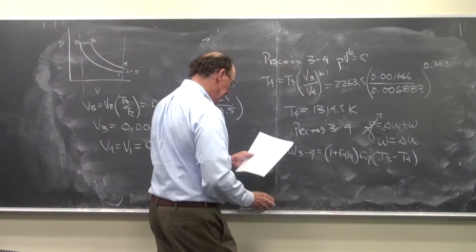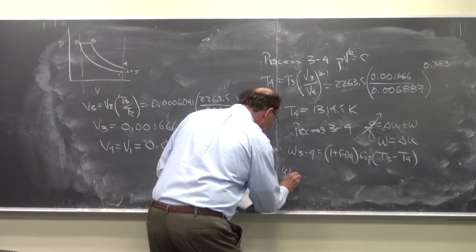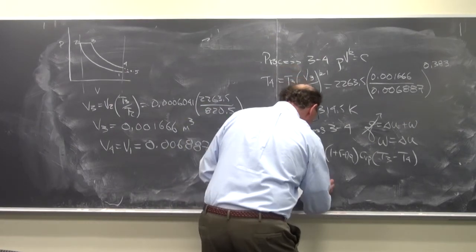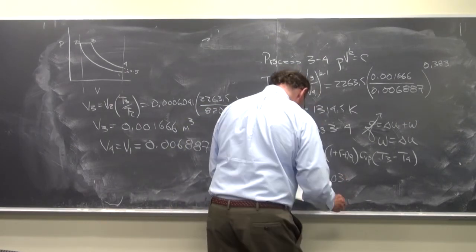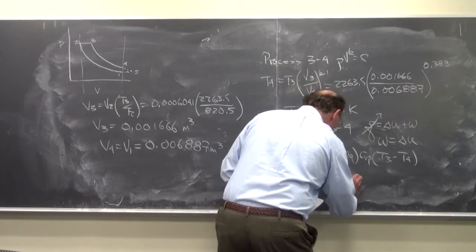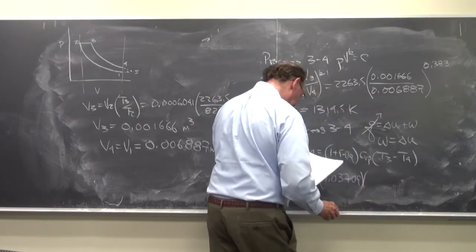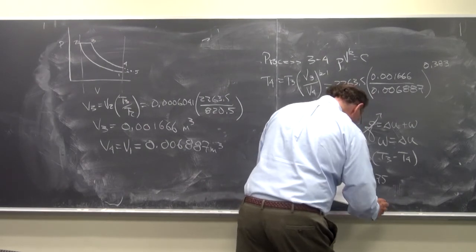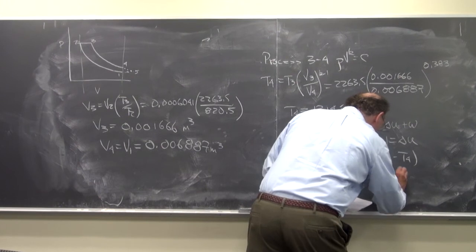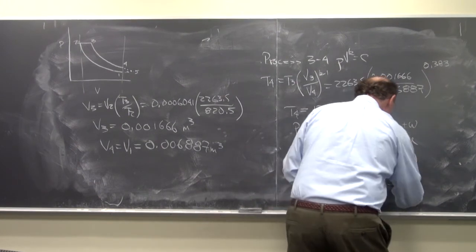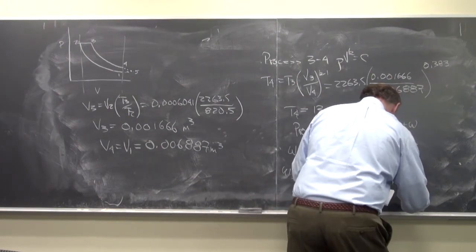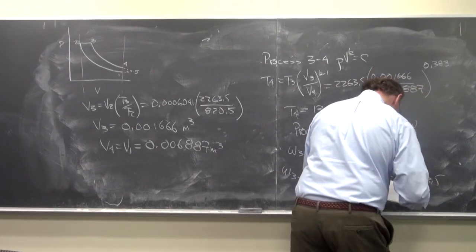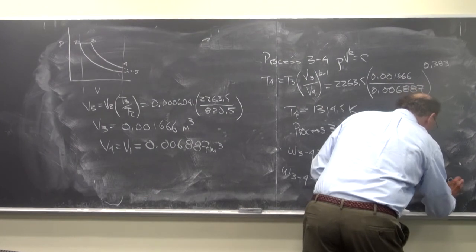And if I substitute in here, we have 1.03709 times C sub V of the products, 0.7537, times the delta T, 2263.5 minus 820.5.